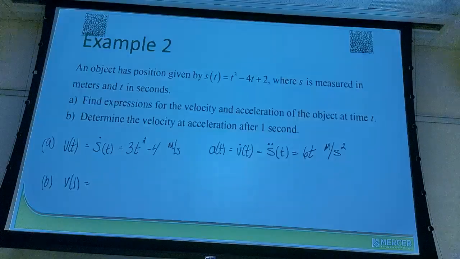What is velocity measured in? Meters per second. What is the acceleration? 6 meters per second per second.